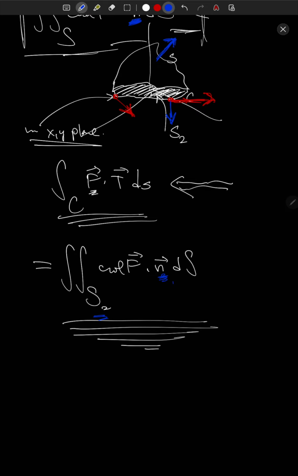So this normal here, you want to be careful. In this particular example, n points in the minus k direction.